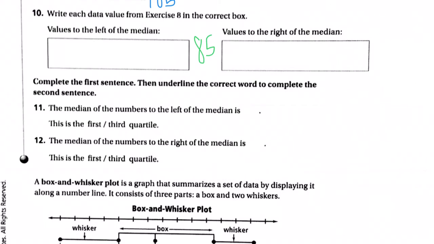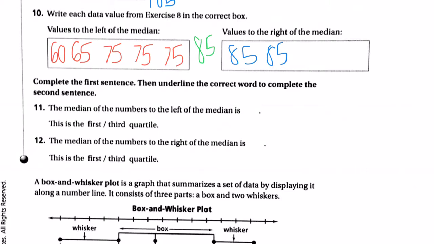To the left of the median, we had 60, 65, 75, 75, and 75. And to the right of the median, we had a couple other 85s, and then we had 95, 100, and 105. So these are the data points from this scenario.